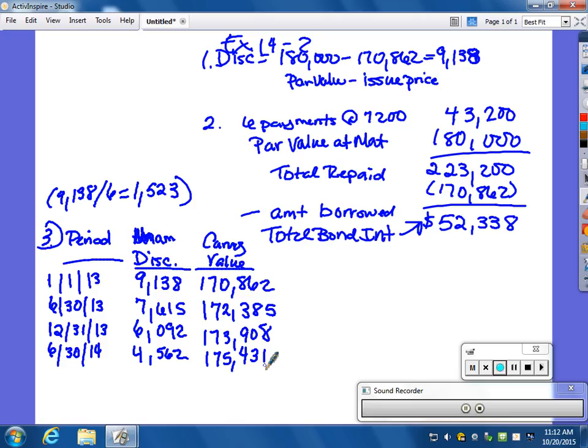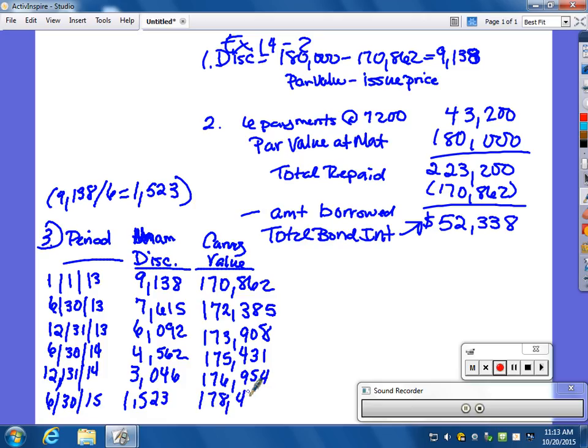Then 12/31/14, 3,046, and 176,954. Then 6/30/15, 1,523, and 178,477. And then on 12/31/15, we reached 0 and 180,000.